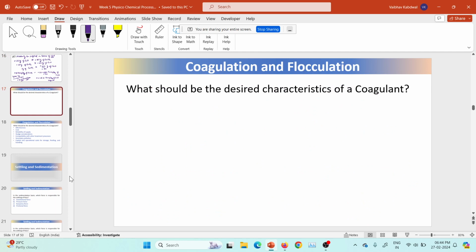Now one more question. What should be the desired characteristics of a coagulant? So if you want to use a coagulant, how will you choose? The question is simply asking, how will you choose a coagulant?